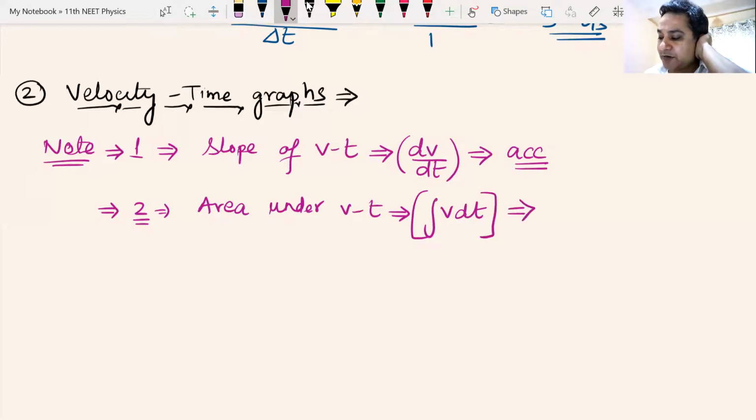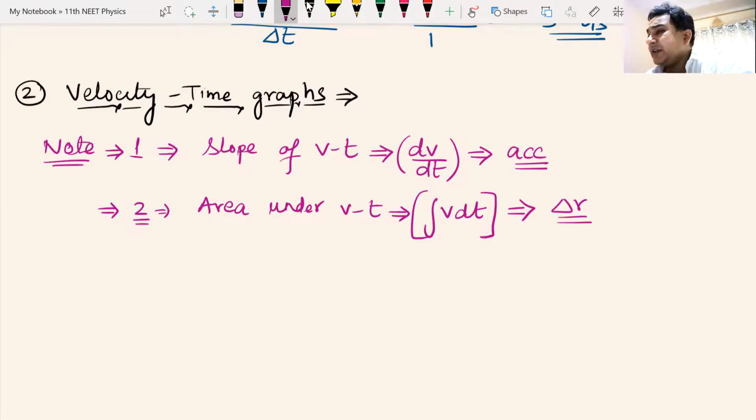What does the area under the velocity time graph give us? When you integrate velocity with time, go back to your maths class. Derivative of velocity with time gives me acceleration. Integration of velocity with time, integral of v dt, gives me the displacement of the particle.